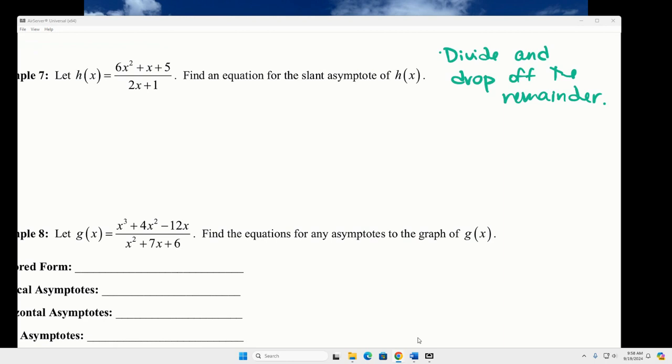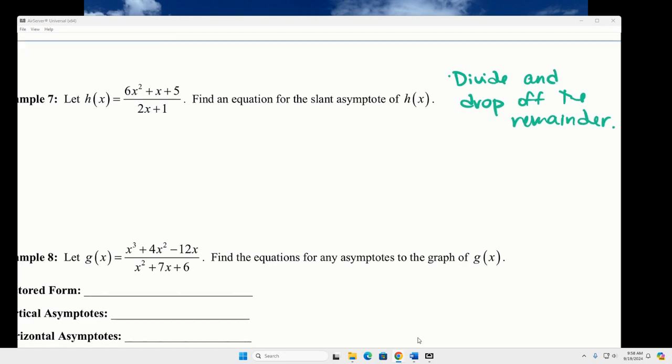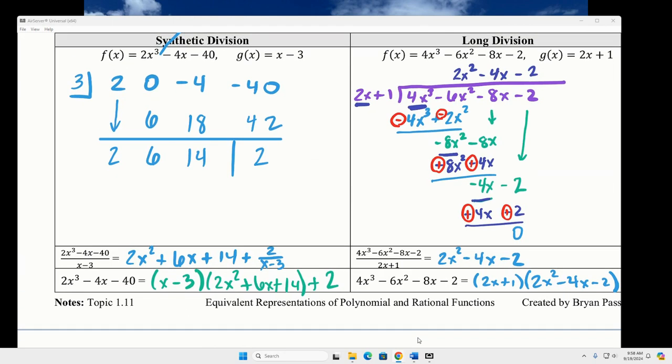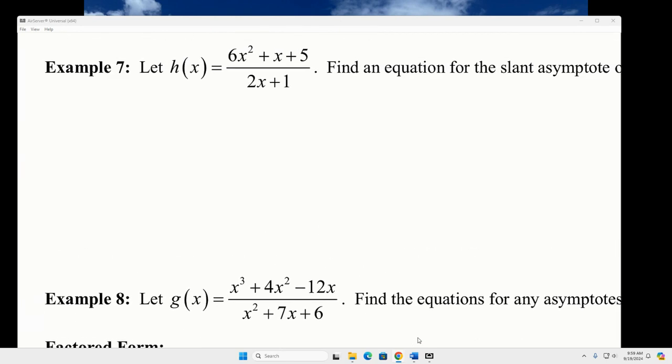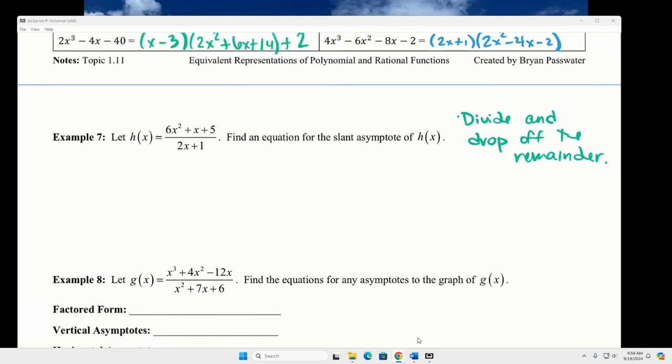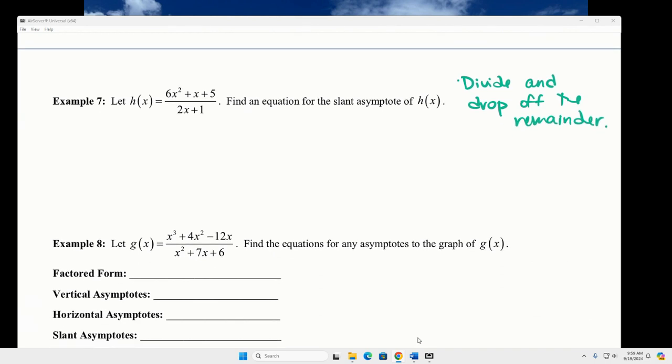The remainder becomes insignificant because at the very end, if this was your remainder and you put infinity in, and you do 2 divided by infinity minus 3, that's going to be 0. So the remainder becomes insignificant at the end. But all you really need to remember is just drop it off.